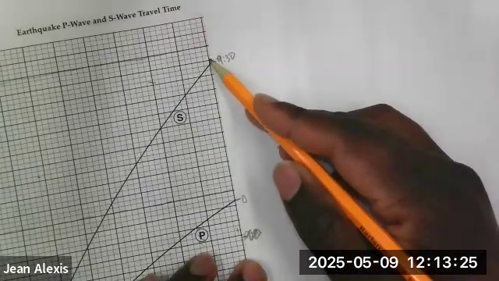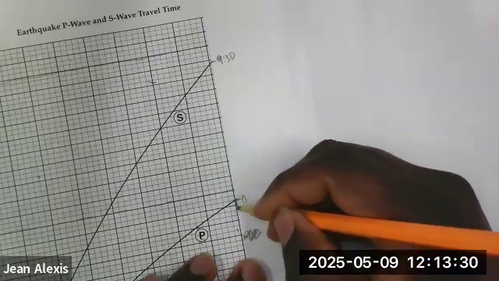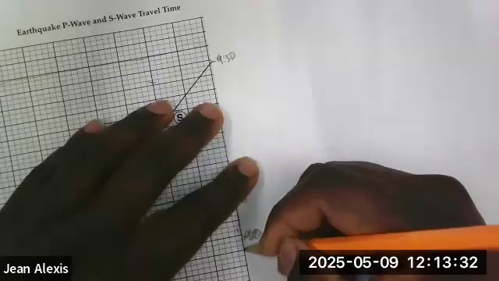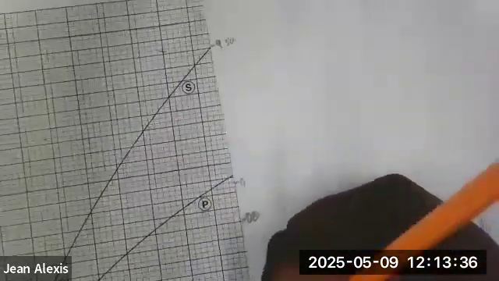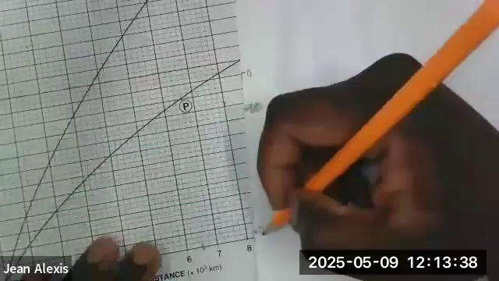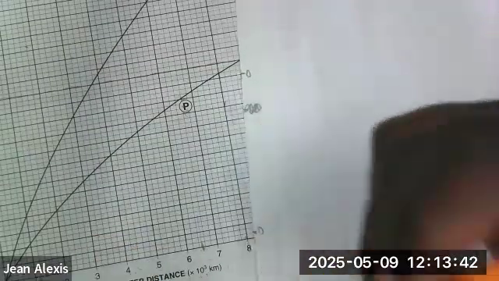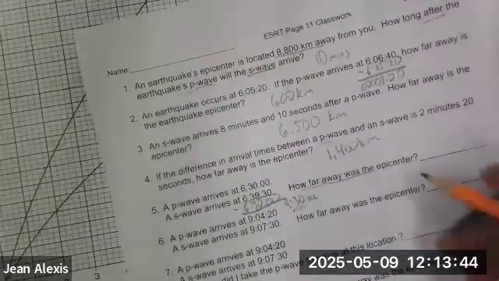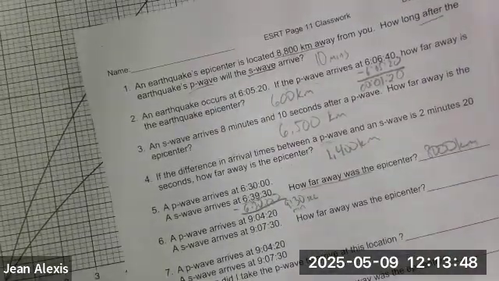See how they both match up? And then I go straight down. And when I go straight down, it looks like it touches right at 8,000, a little bit past 8,000. So, therefore, my answer is going to be 8,000 kilometers.